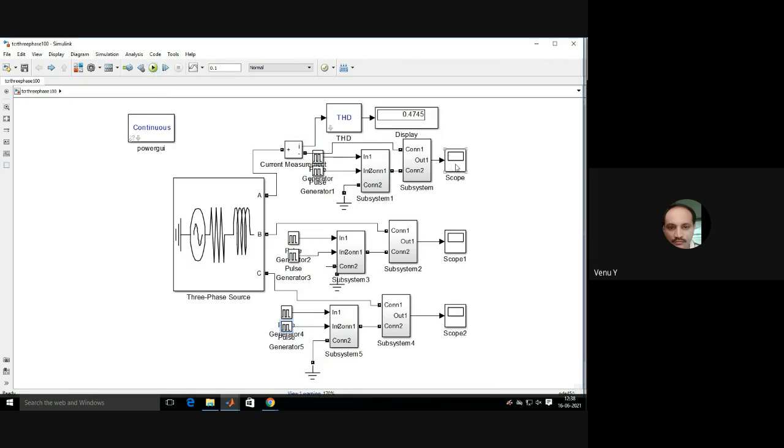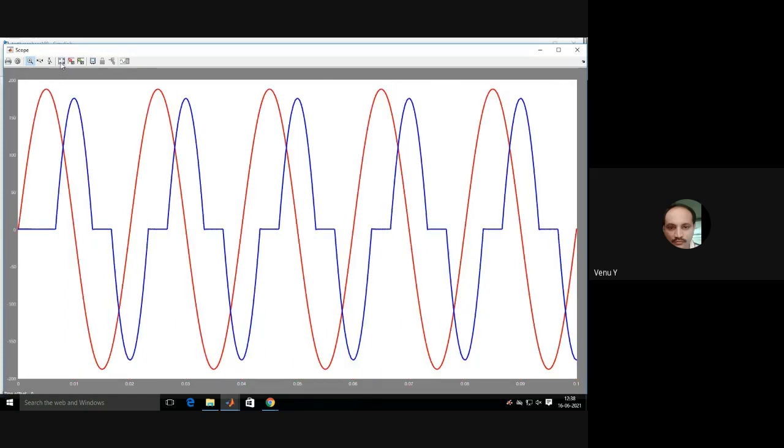THD content 45. Waveforms: R phase, red color is voltage, and blue color is current. Okay, you can note down this one.